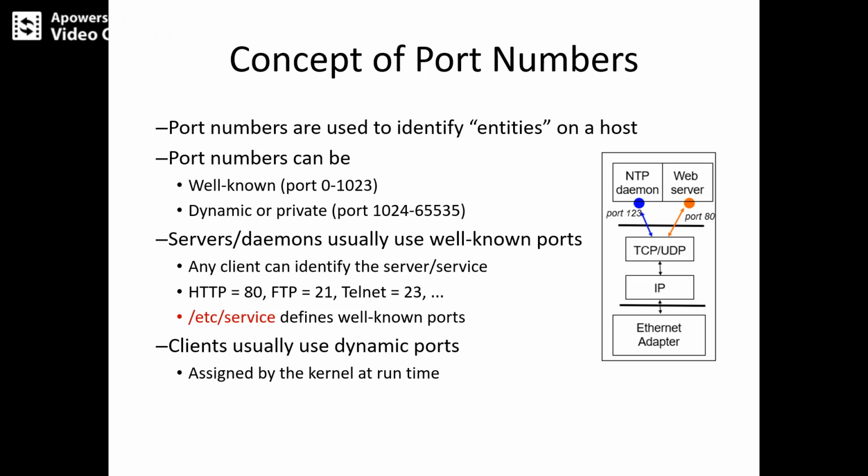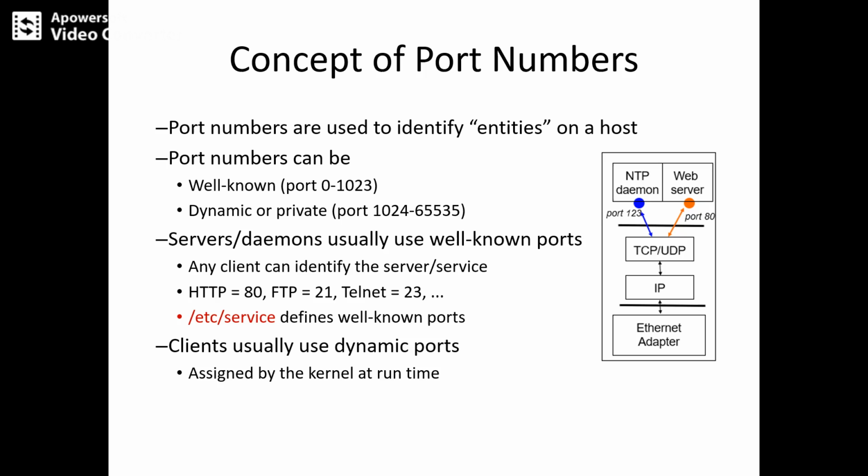Before that, we need to discuss some concepts of TCP/IP or socket communication. First, the concept of port numbers. Port numbers are always used to identify entities on a particular host or network, or we can say the node or the system.